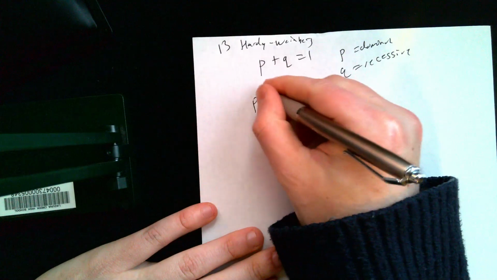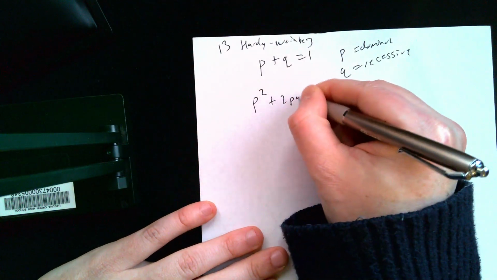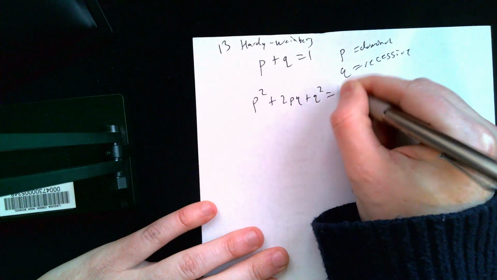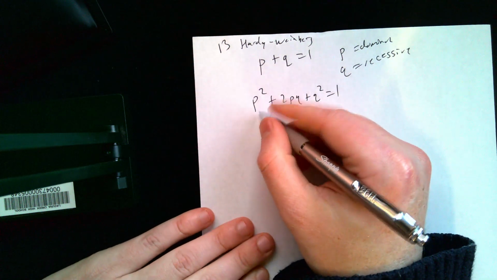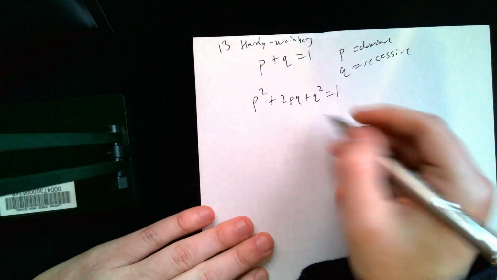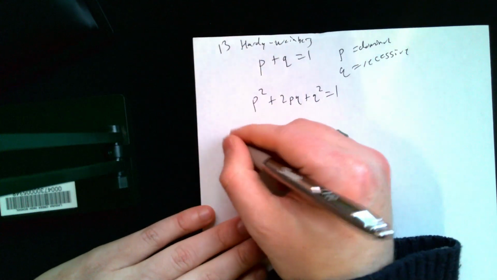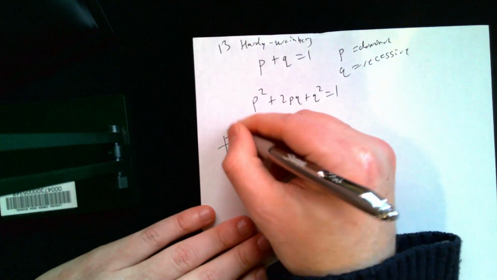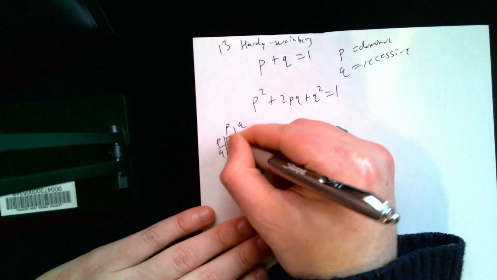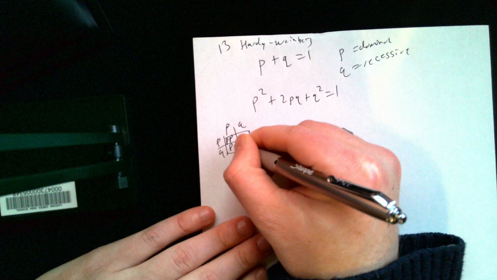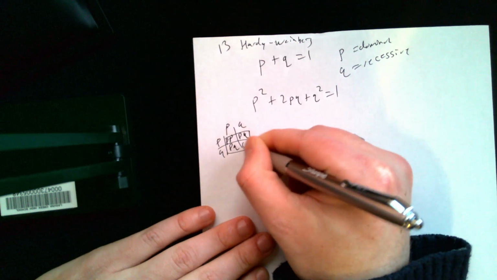Now, Hardy-Weinberg said the following: P squared plus 2PQ plus Q squared is also equal to 1. Well, this makes sense if we think about it. You take 2 P's, and then this is the heterozygous. So he's basically saying if you did this, PP, PQ, PQ, QQ.